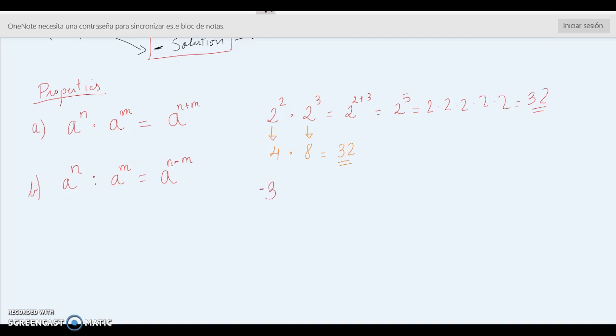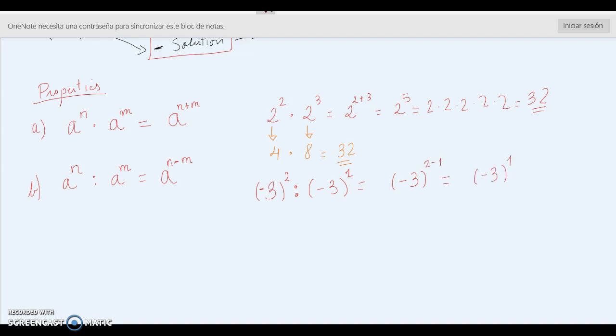I can write also negative numbers, minus 3 to the power of 2 divided by minus 3 to the power of 1. This is the same as minus 3 to the power of 2 minus 1.